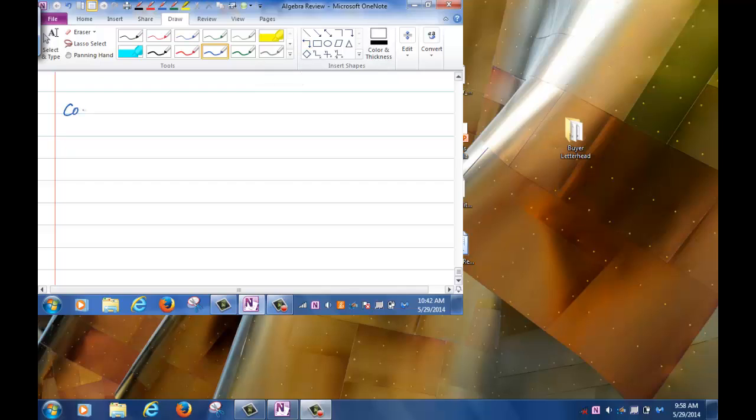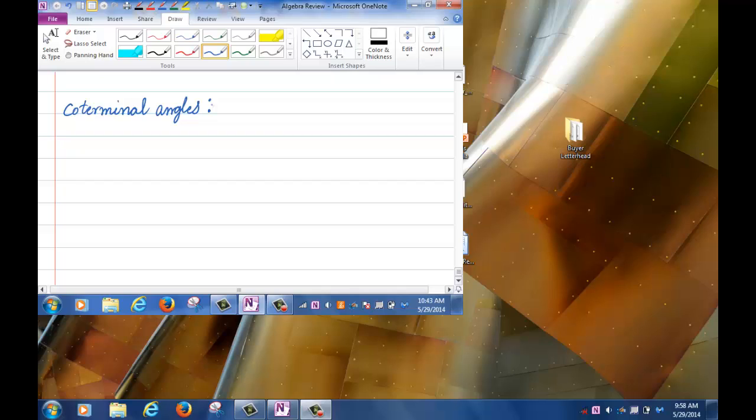Coterminal angles. Anyone knows what that means? Two angles having the same... Remember, right now we are fixing the initial side to be always the same as the x-axis for any angle.